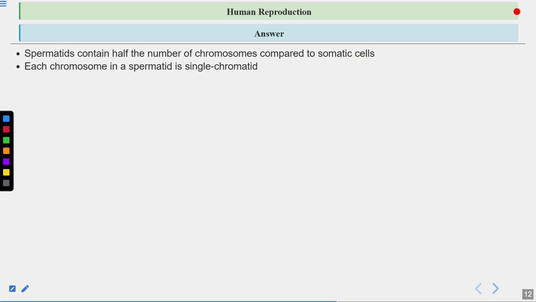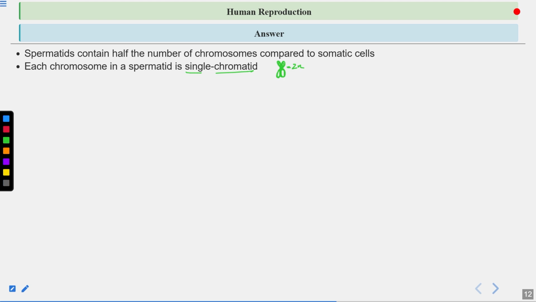Each chromosome in a spermatid is single. Each chromosome in a spermatid has a single chromatid. What does this mean? In the diploid condition, two sets of chromosomes are present, meaning the chromosome has two chromatids. This is a chromosome with two chromatids, in the 2n diploid condition.